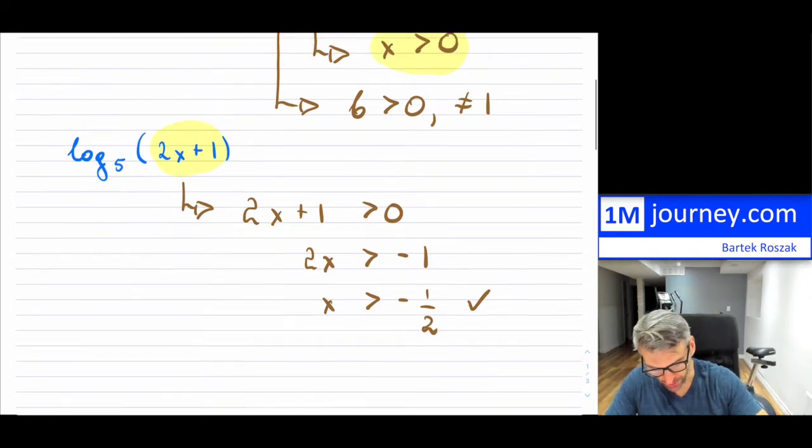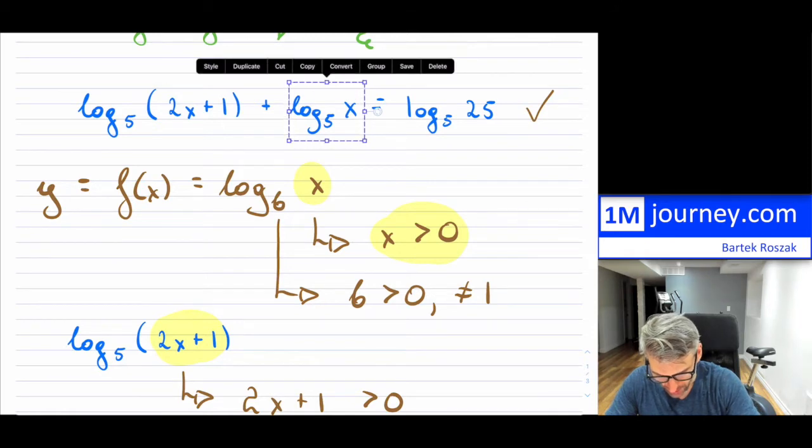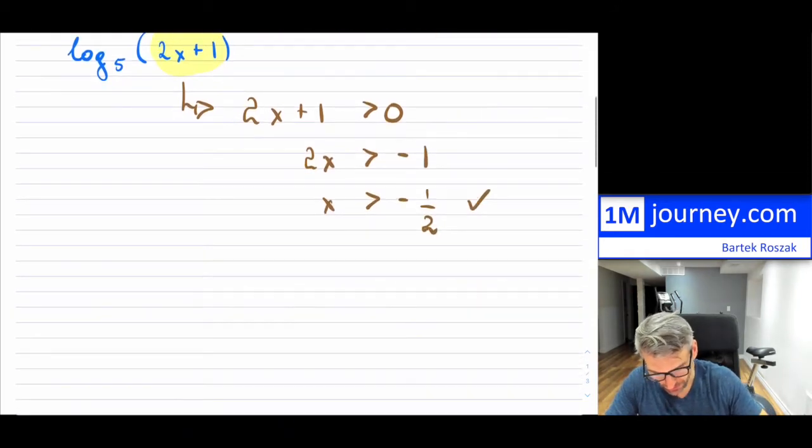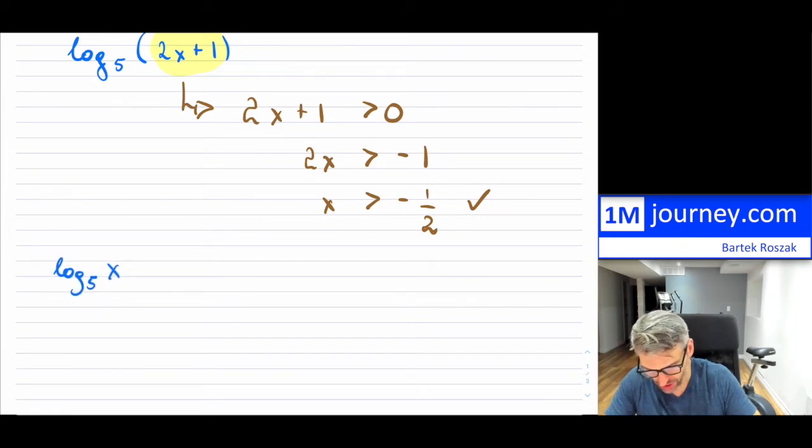Now, the other part that I have to look for is, well, here I have another log. So I'm going to copy that because this also restricts me. And this restriction tells me that just x, right here, has to be greater than 0.